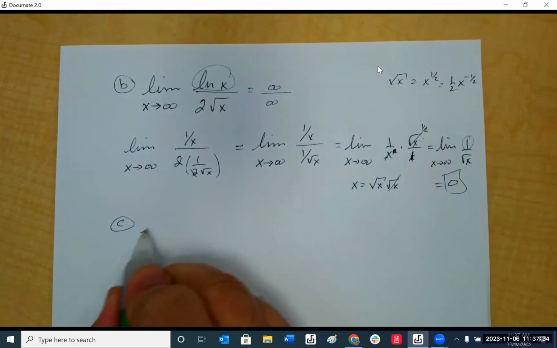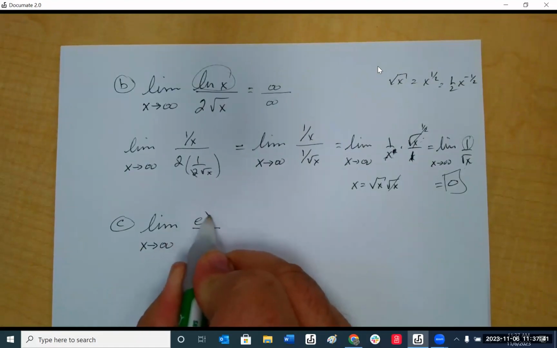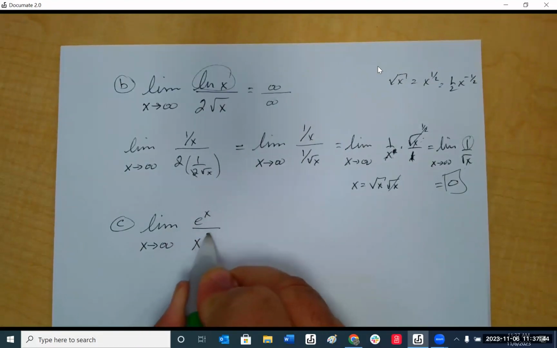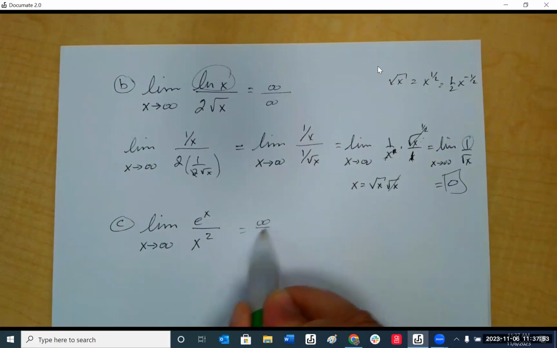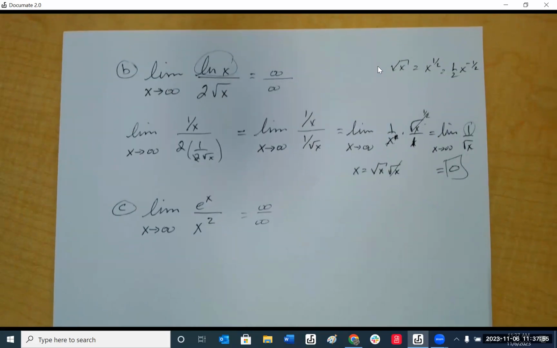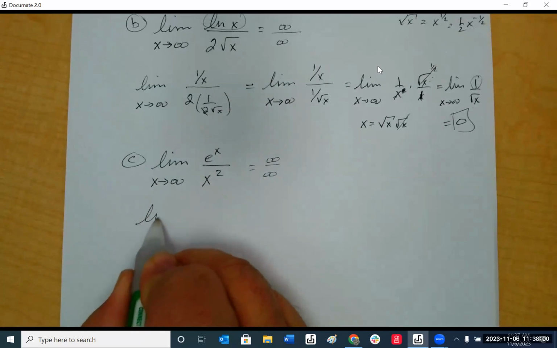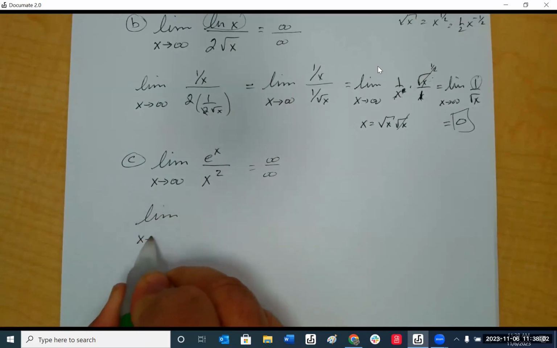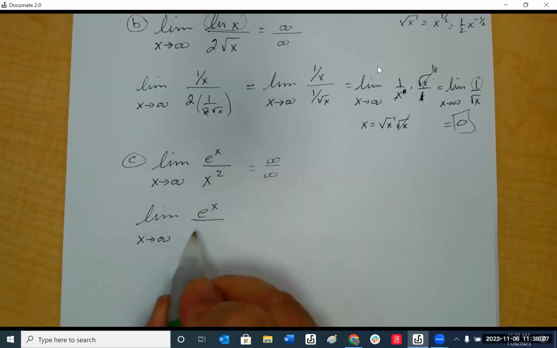And C, the limit as x approaches infinity of e to the x over x squared. e to the x is infinity, infinity squared is infinity. So we can use L'Hopital's rule again. The derivative of e to the x is e to the x.